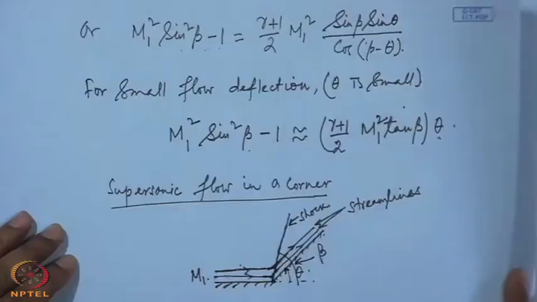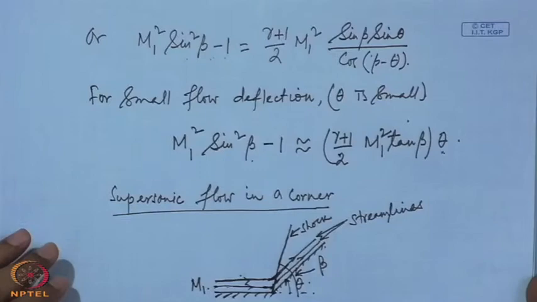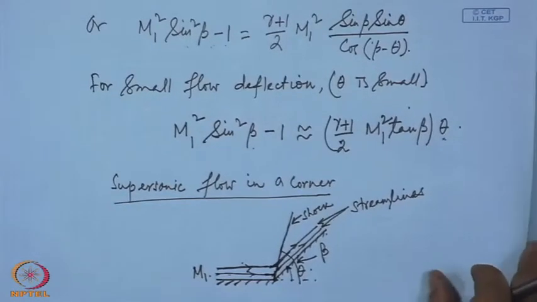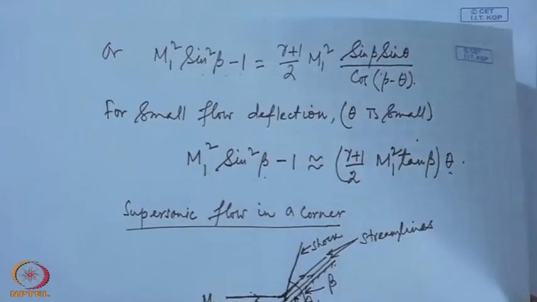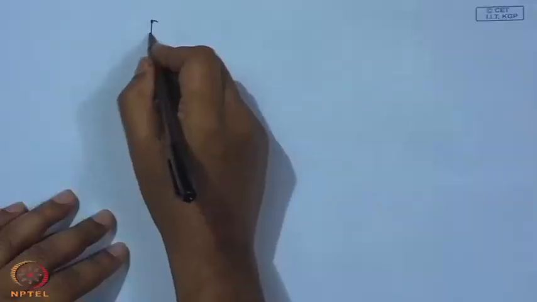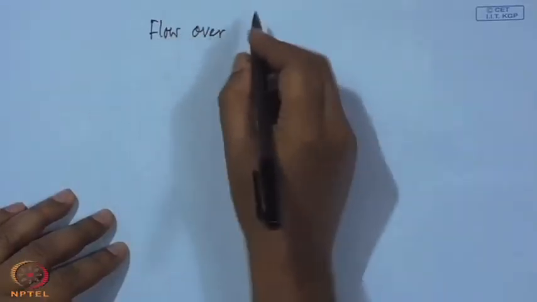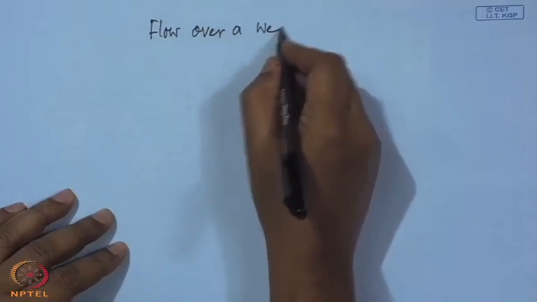Now, this can easily be used to obtain the flow over a wedge. So, if we consider flow over a symmetric wedge, of course, only supersonic flow.